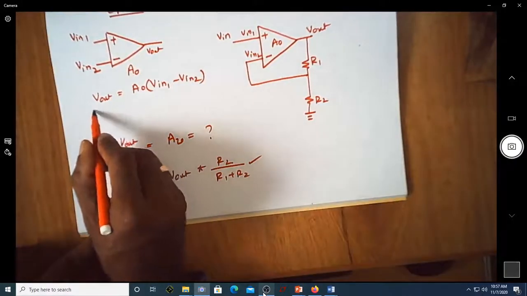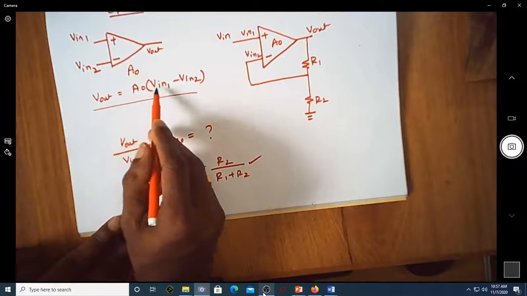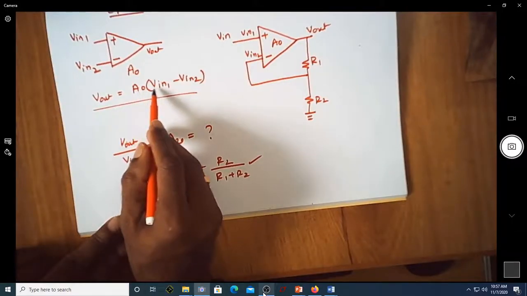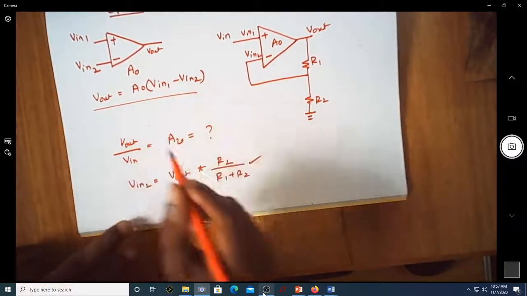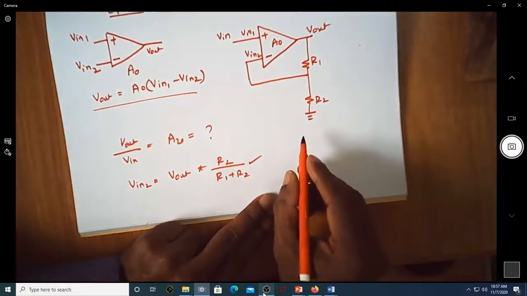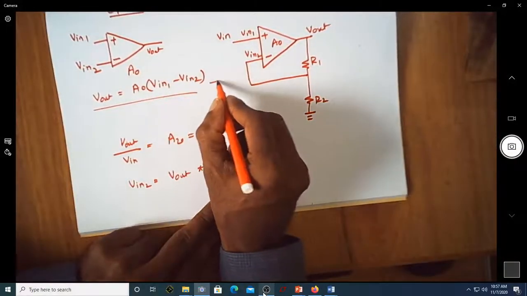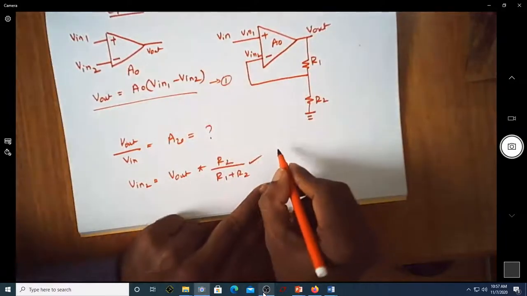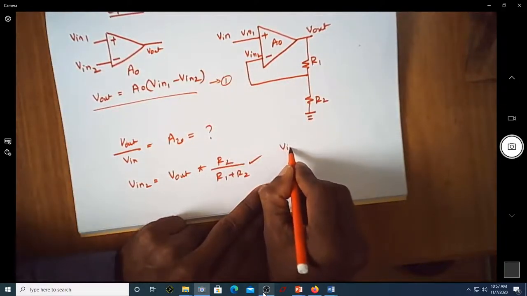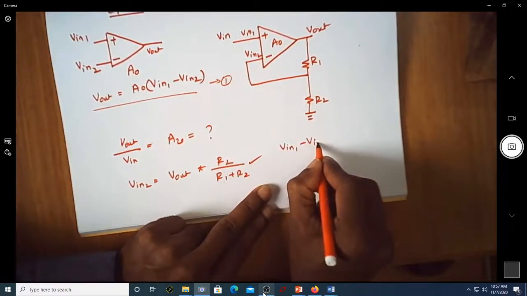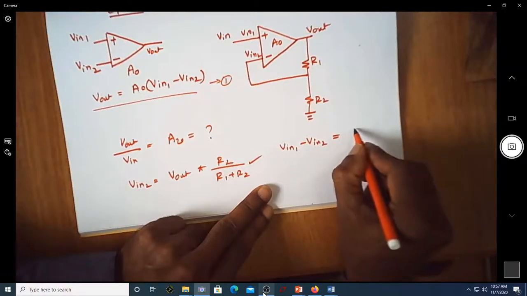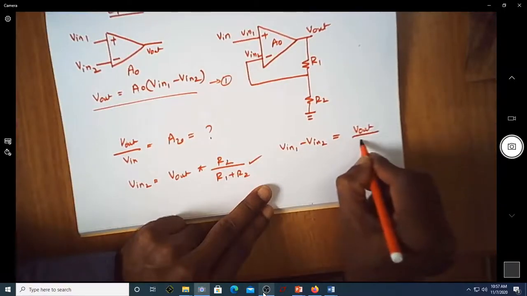So here we mentioned that V out is given by the open loop gain times the difference of input voltages. So we can also write, using this equation 1, V in 1 minus V in 2 as equal to V out by A0.